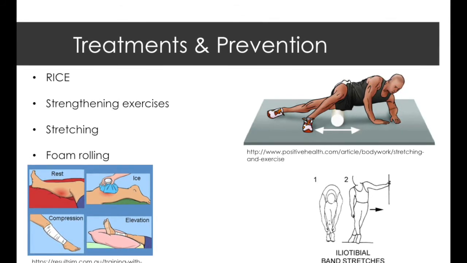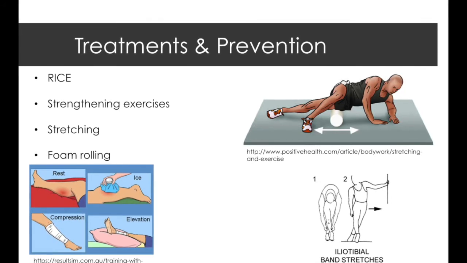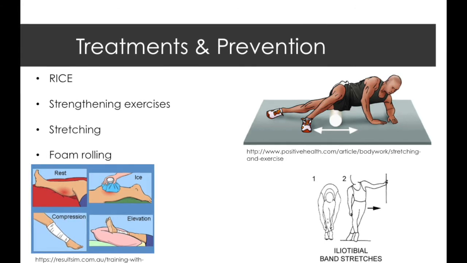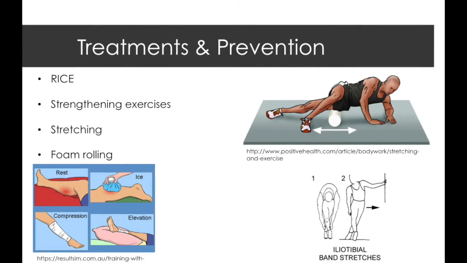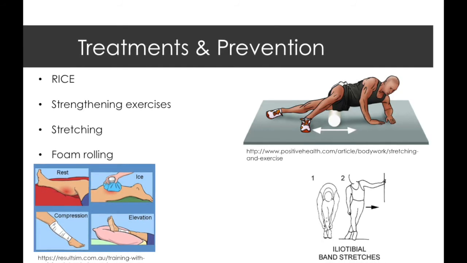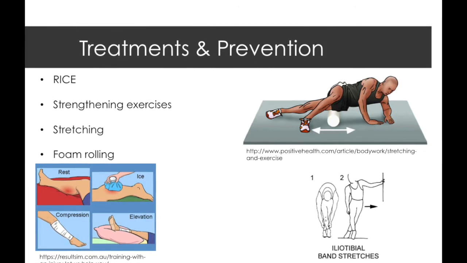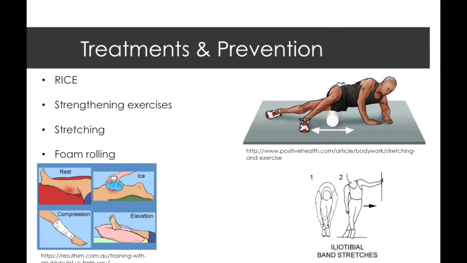Not only does one need to treat IT band syndrome, but also extra measures for prevention must be taken. Strengthening of the muscles connected to and surrounding this connective tissue, especially the hip abductors, is highly important. Stretching the IT band will help to increase mobility and lengthen the tendon to promote healing.